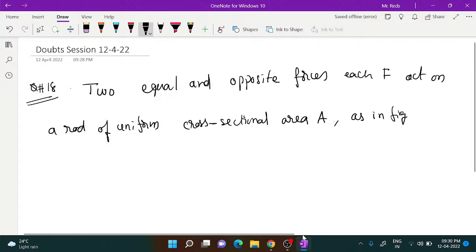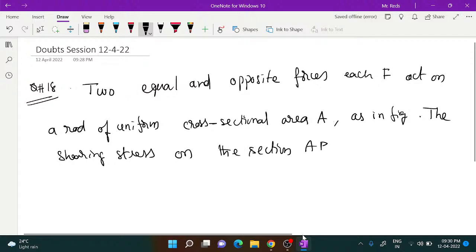The shearing stress on the section AB will be what?